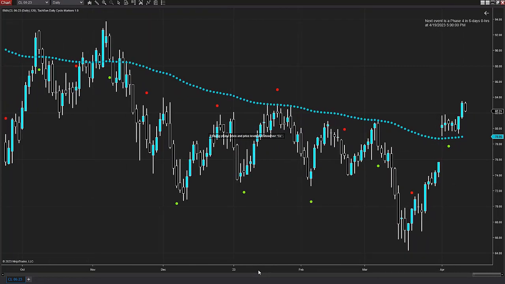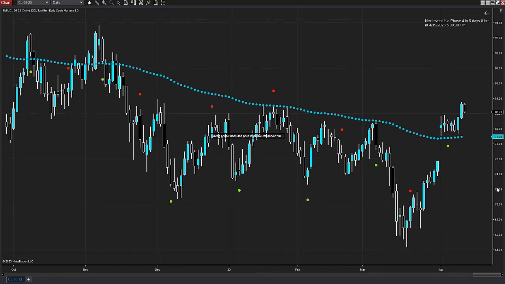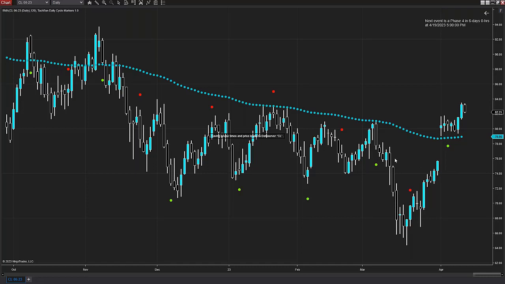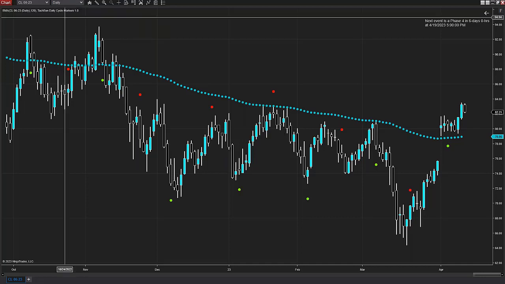Can everybody see this chart okay? Sometimes people can't see the colors because of color blindness. All right, perfect.